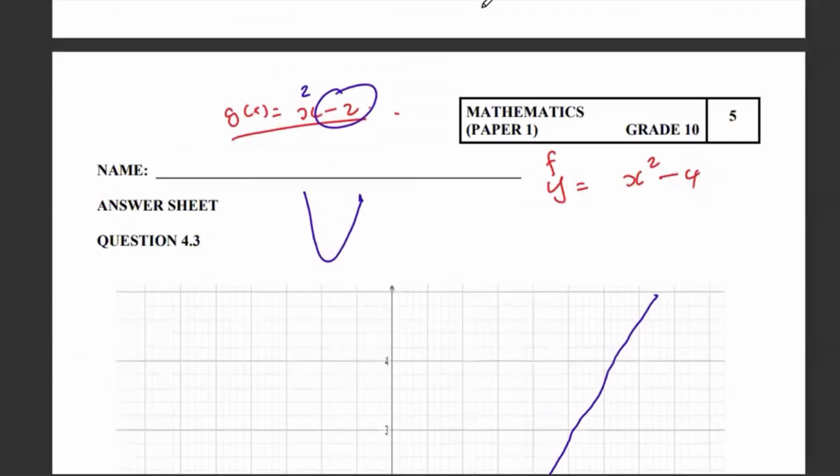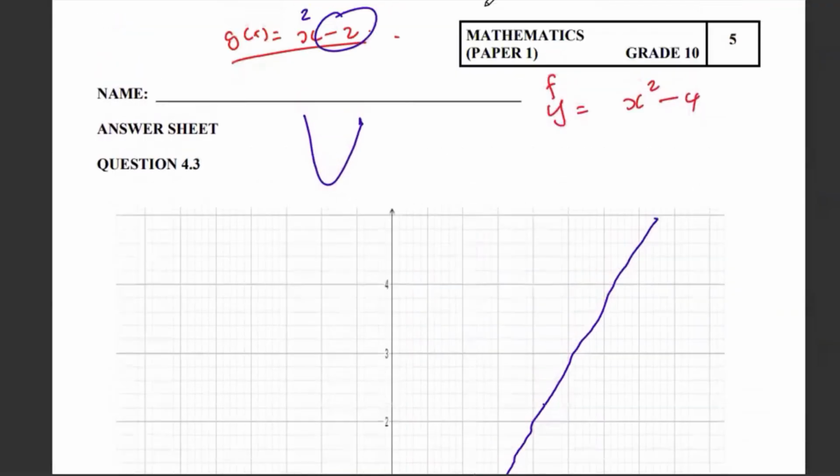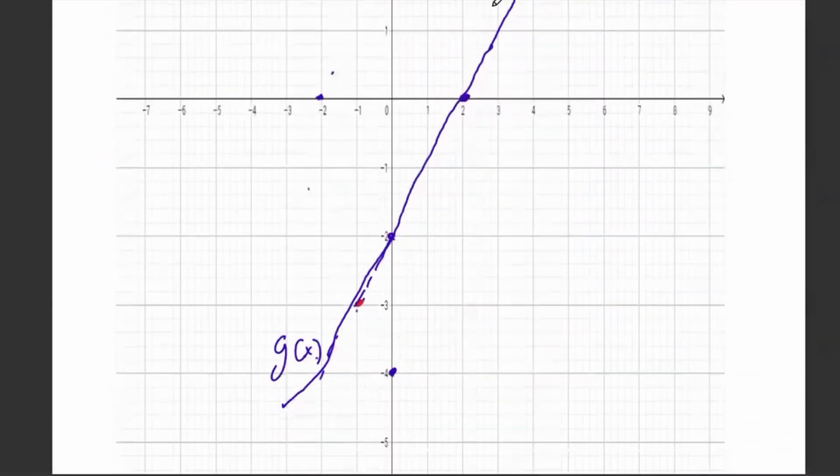So if x is 0, y is -4. If x is 1, it's going to be -3. And then if x is -2, then that's 0.